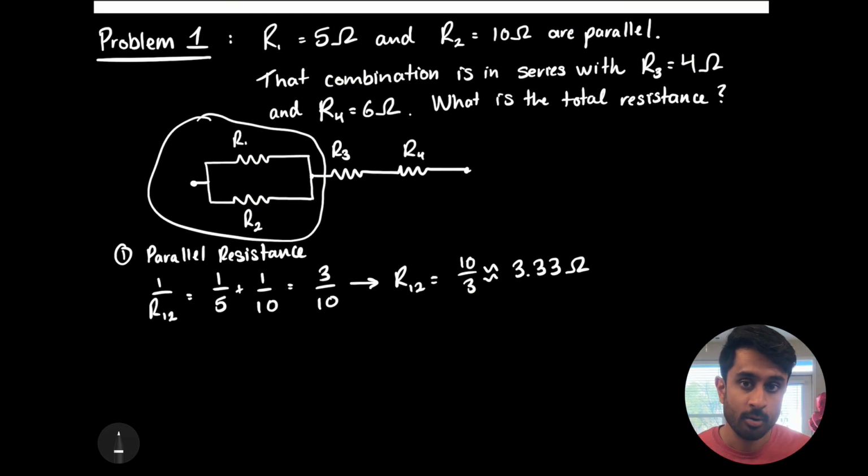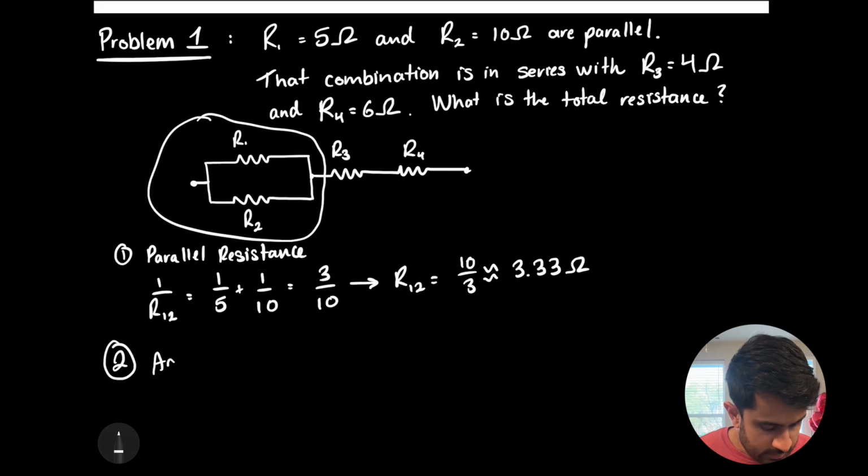We still need to add R3 and R4 into this network, which leads me to step 2, which is add series resistance.